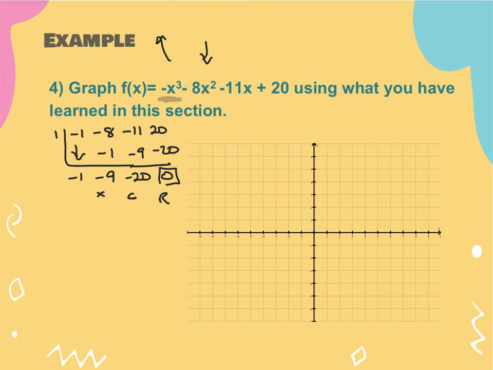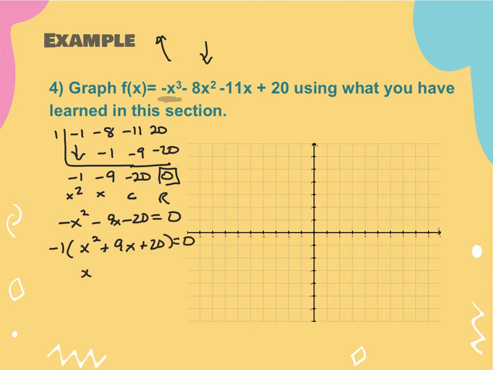Remainder 0, so the constant and x squared: negative x squared minus 9x minus 20 equals 0. I now have a quadratic equation that I can factor. I'm going to factor out a -1 because I do not want to have to factor a negative x squared. So let me just go ahead and flip all the signs.